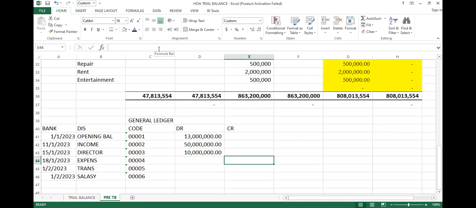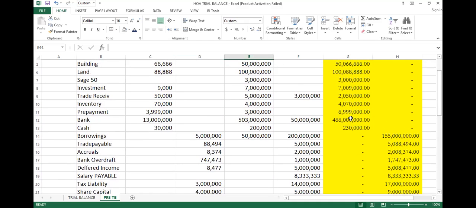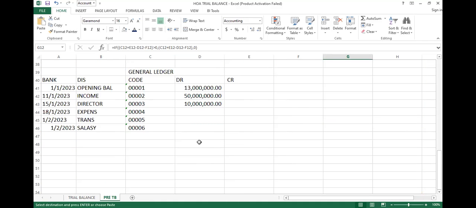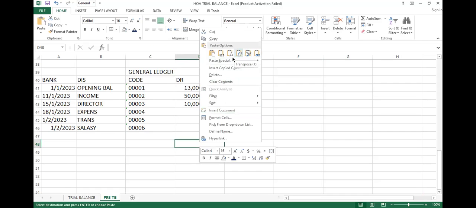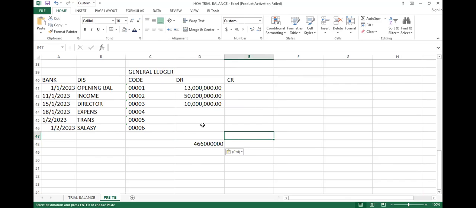Expenses now will be credited because the money is going out, Abi. So let's say, how much do we have in that bank? Because it must equal this 466 as our closing figure. This is what we are looking at. Okay, I'm seeing 400 and something million.